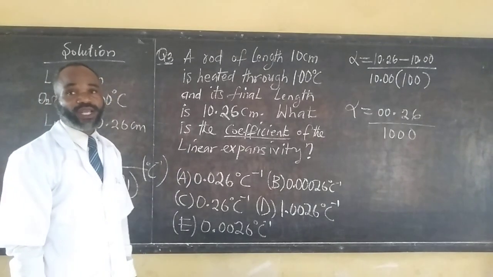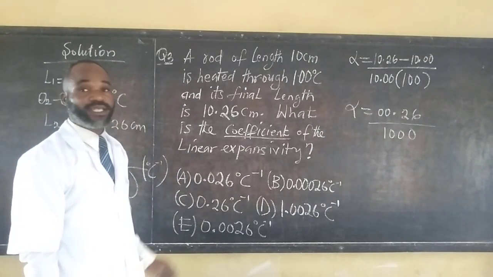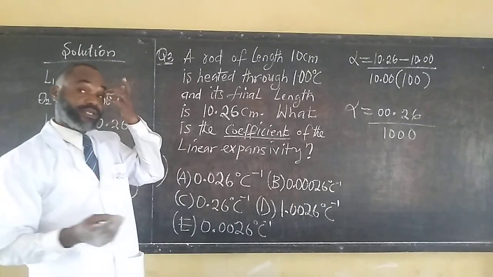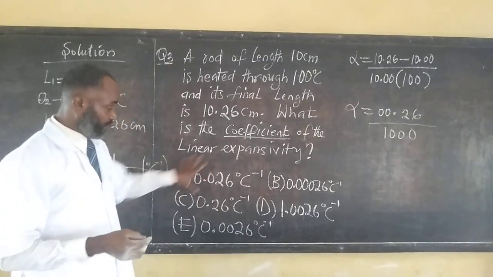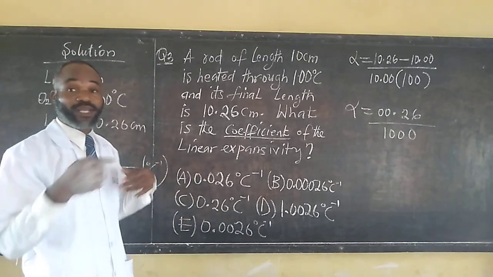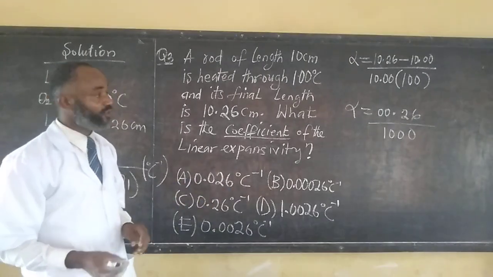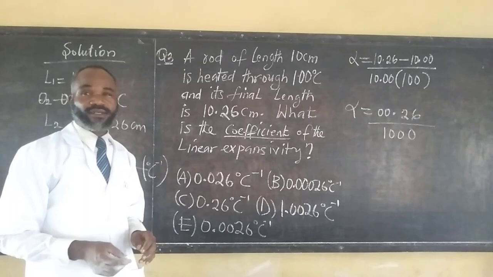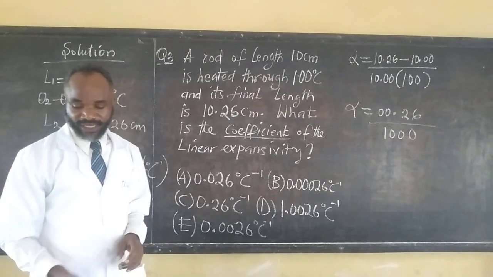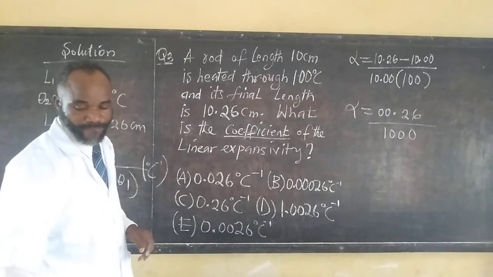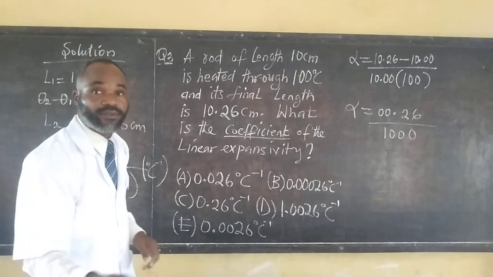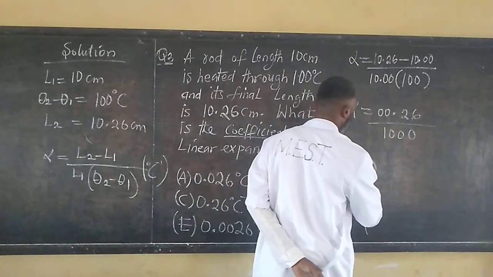Quickly, do this for me quickly. 0.26 over 1,000. I want to know if what I'm going to get corresponds to any of these options given. Let's see what we have there. Hold on.